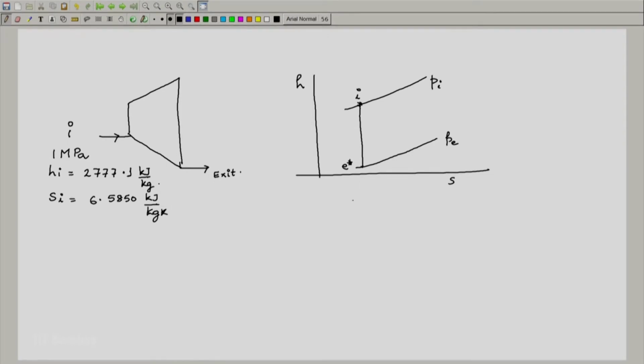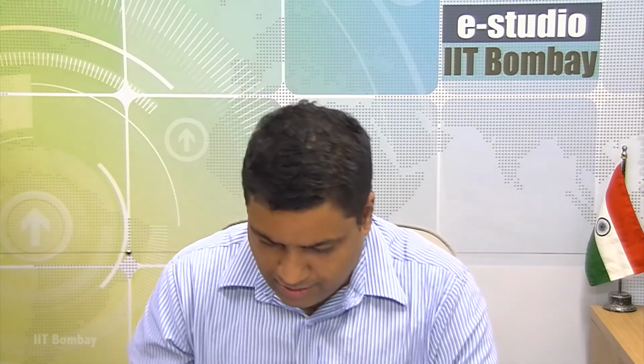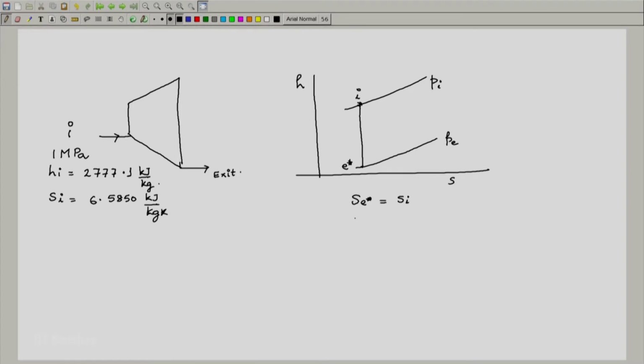As far as E star is concerned, S E star is the same as Si, because this is the so called ideal process where the entropy at the exit is the same as the entropy at the inlet. This is not what we get actually, but we have to go ahead and do this calculation. Once we get this, we can get X star, that is the dryness fraction assuming this. How do we get it?